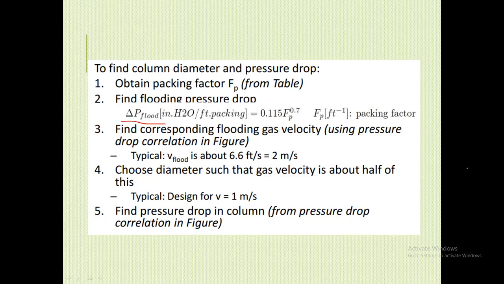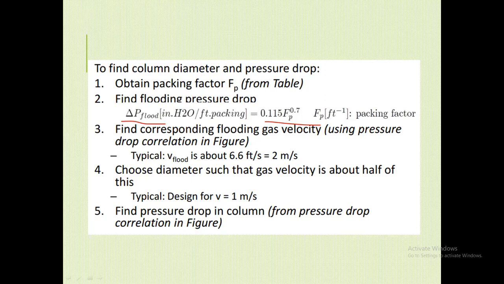And this is the corresponding formula for that. Now, a typical flooding velocity is 6.6 feet per second, or 2 meters per second. Your column is flooded already at this condition, and even more so beyond this value, your column is very flooded already.